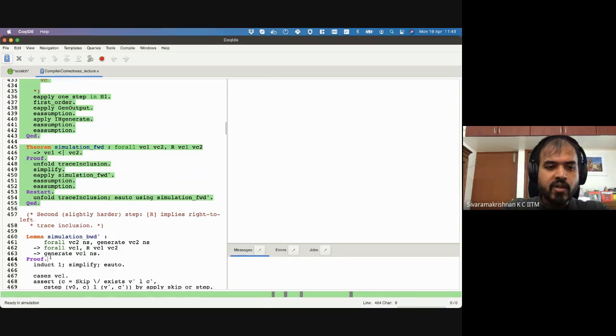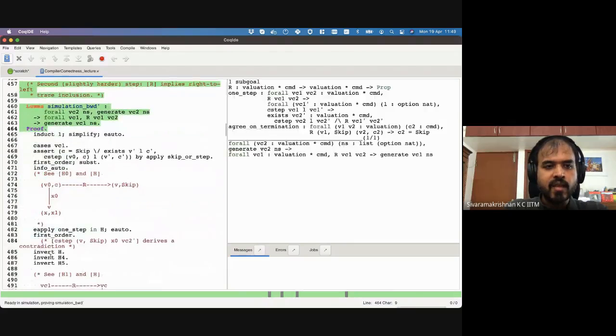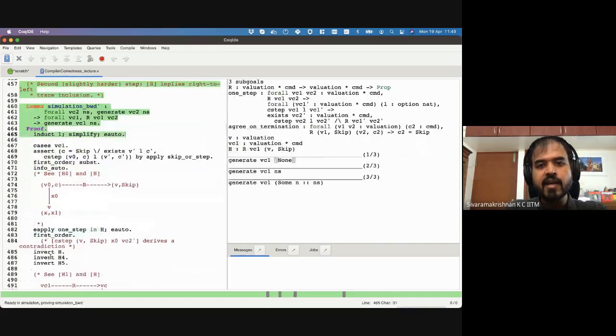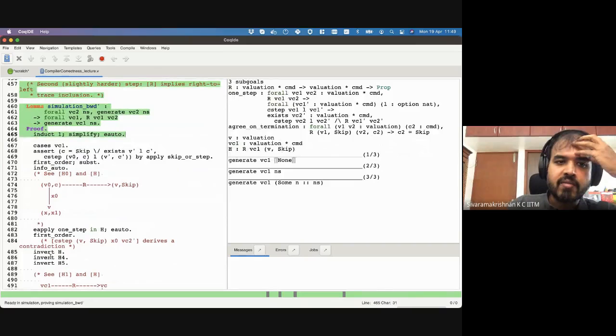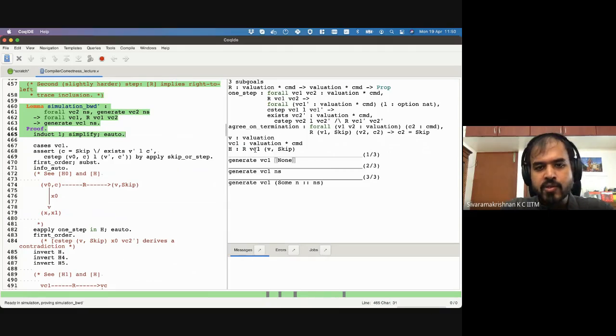Again, we are going to do induction on the traces, right? But as I mentioned before, we are going to use the property that semantics is total and deterministic. So firstly, we'll just destruct VC1 to bring out the fact that it is in fact a tuple, right?